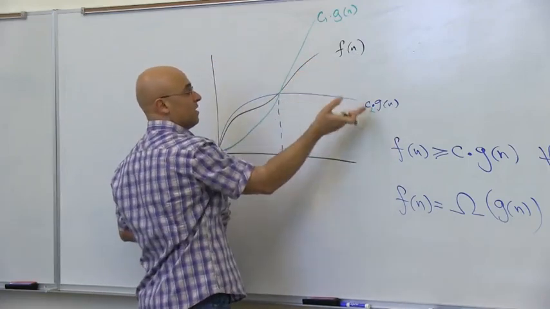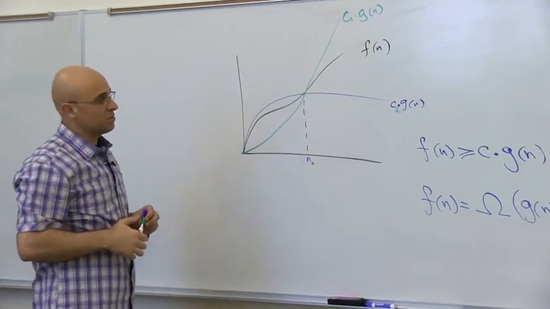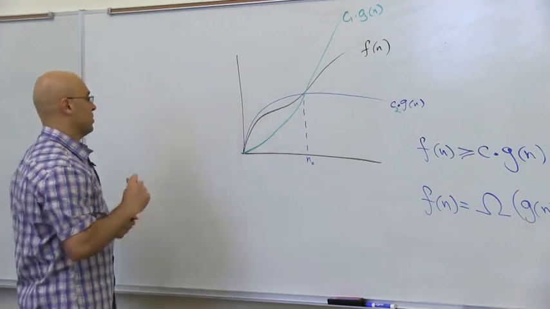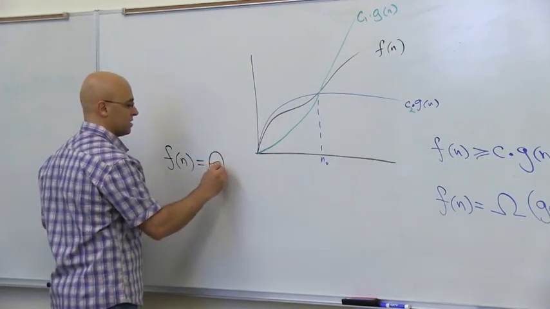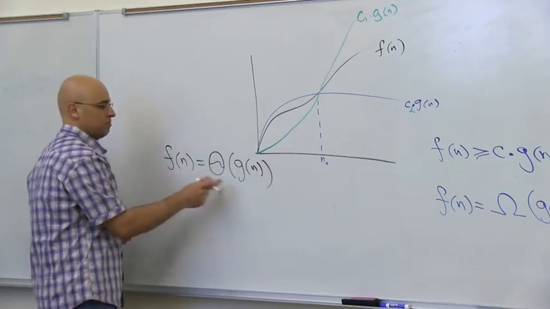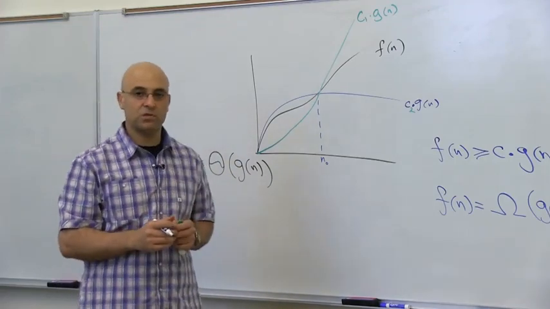And I say f of n is bounded from above and below by g of n times two different constants. In this case, we say it is theta of g of n. It is sandwiched between c1 times g of n and c2 times g of n.